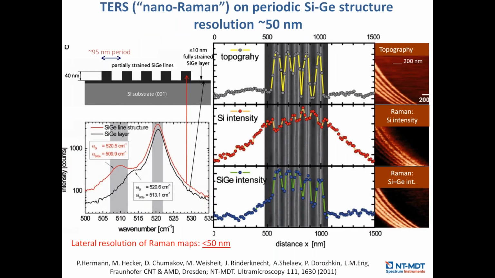This is an example of a 3D structure, silicon germanium lines, produced on the top, and we can clearly see the resolution is below 100 nanometers. It is about 50 nanometers for such structures, which is quite a nice result.